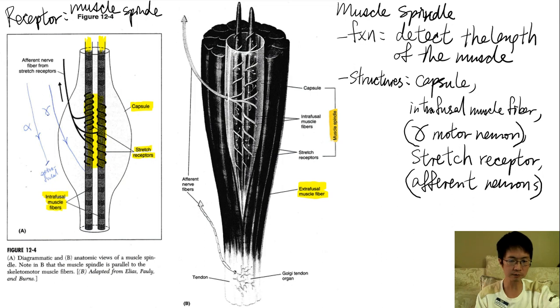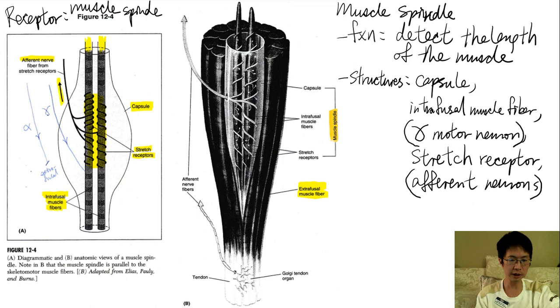And the axon that connects to this stretch receptor, to be more precise, we call this afferent nerve, afferent neuron, meaning that the action potential goes into the CNS.